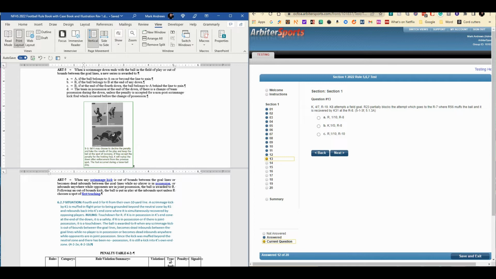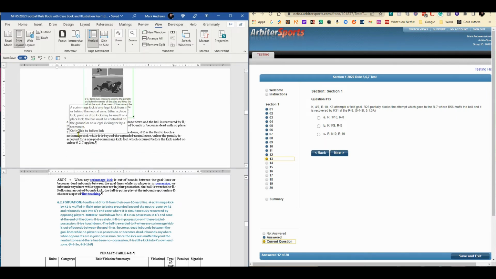And the rule reference is 513F, which says, when a scrimmage kick down ends with the ball in the field of play or out of bounds between the goal lines, a new series is awarded to the team in possession at the end of the down, if R is the first to touch a scrimmage kick while it is beyond the expanded neutral zone. Unless a penalty, forget about that.